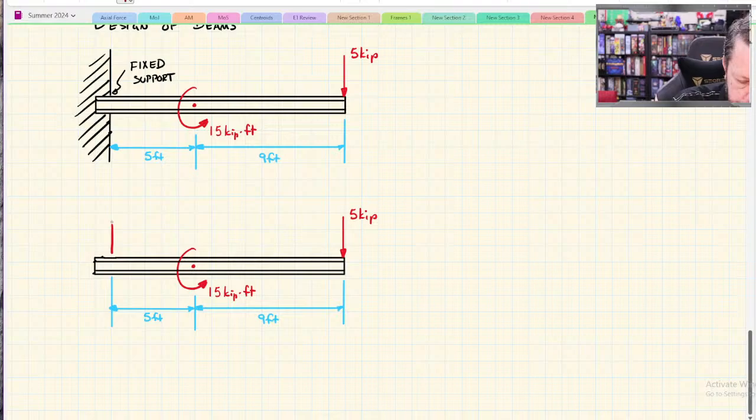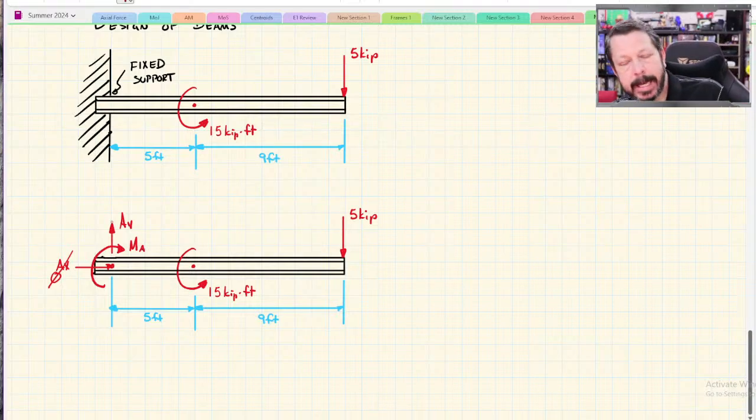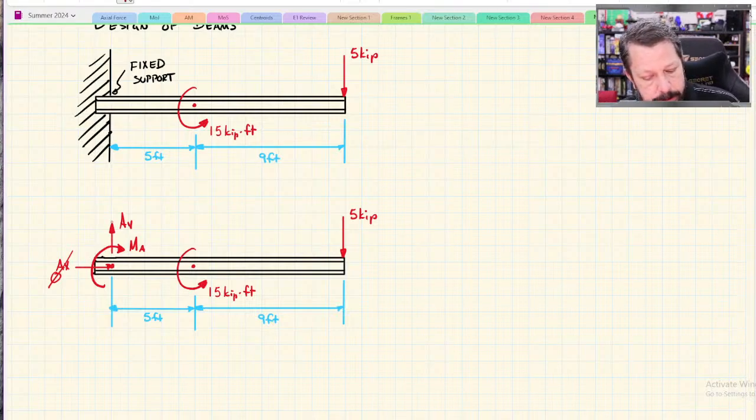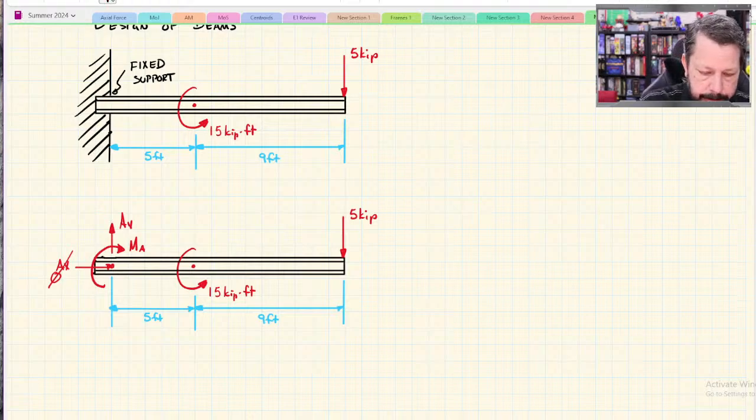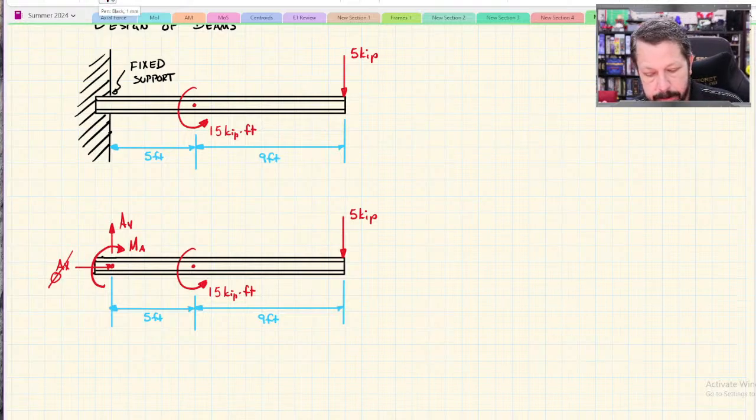So we'll have AY, we'll have AX, but AX is going to be 0, and we'll have moment at A. All right, so AX is 0. There are no other forces in the X direction. The concentrated moments don't create forces in the X or Y direction. So it's 0. And then we need to do something like maybe the forces in the Y direction.